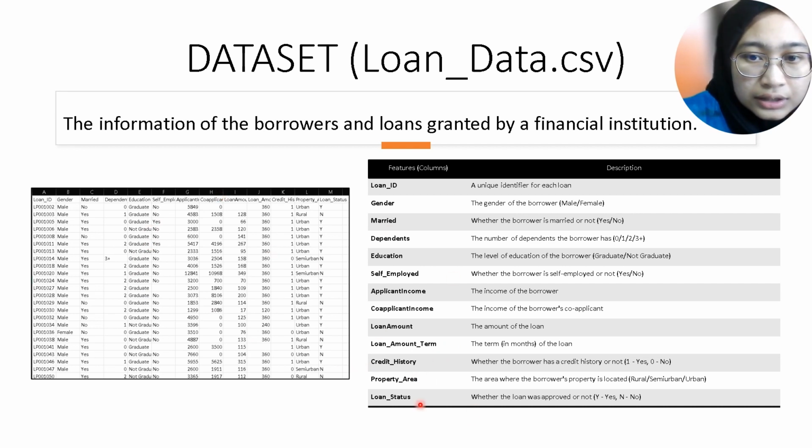It's either they have a credit history or not, and property area, which is whether it's urban, rural, or semi-urban, and the loan status.